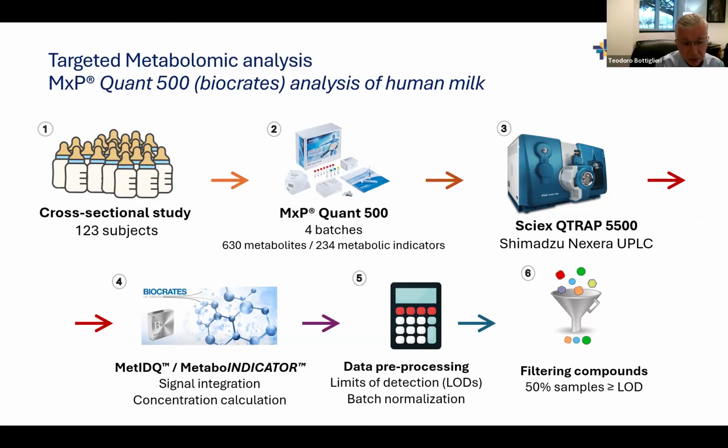We processed the data with batch normalization, done in about 4 batches. Then we processed the data for limits of detection, and compounds where 50% of the values were less than the LOD were eliminated from the analysis.